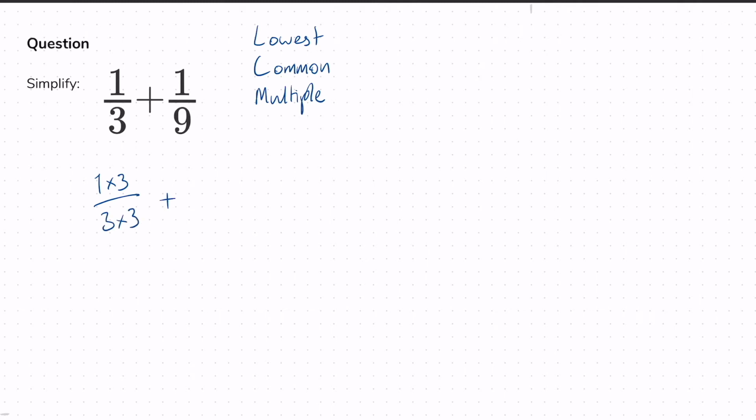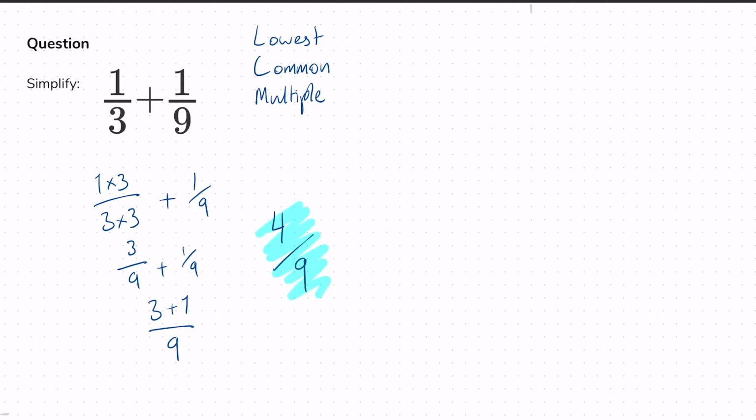So whatever this is, plus 1/9, well that's 3 over 9 plus 1 over 9, which simplifies to 3 plus 1 over 9, giving me 4/9.